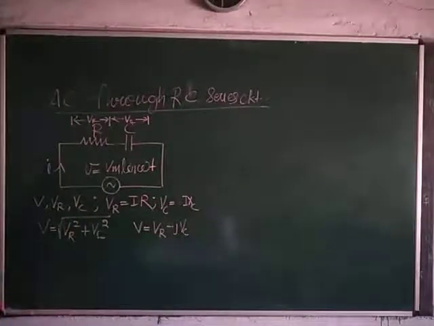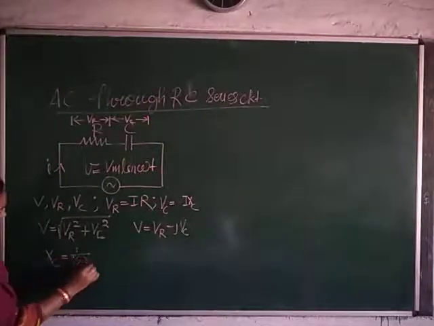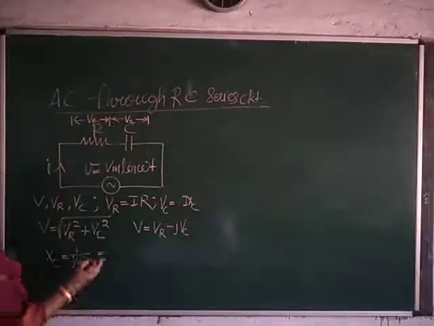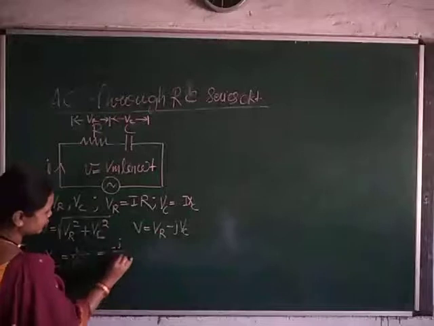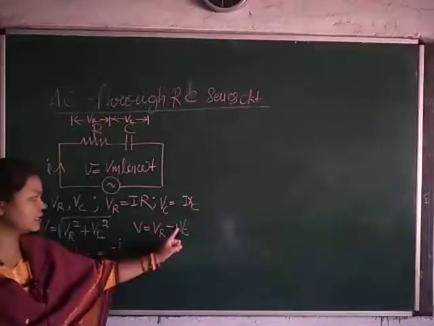Why do I write minus here? As you know, Xc is equal to 1 by j omega C in the complex form, or I may write this as minus j by omega C. Hence, it is minus j Vc.